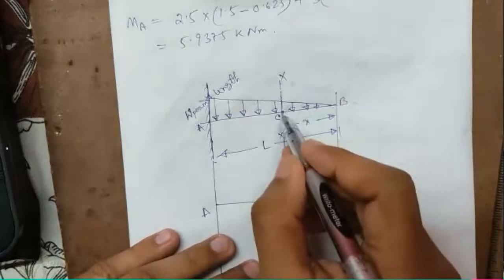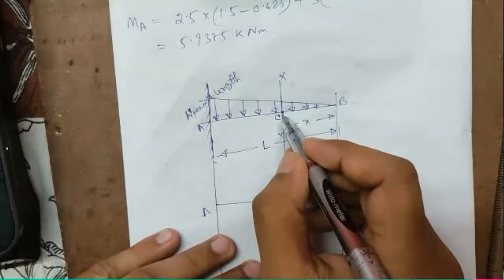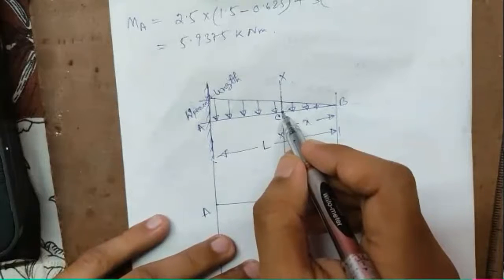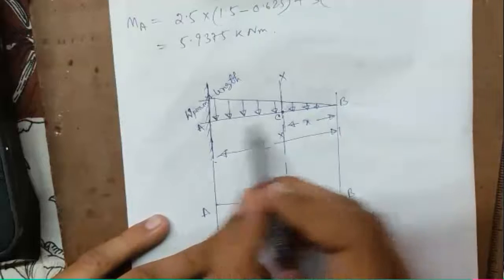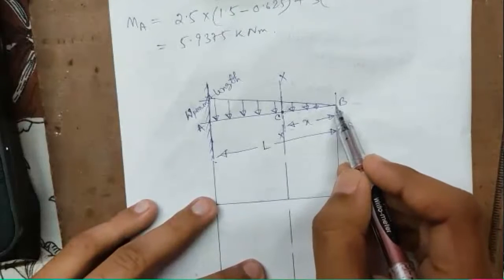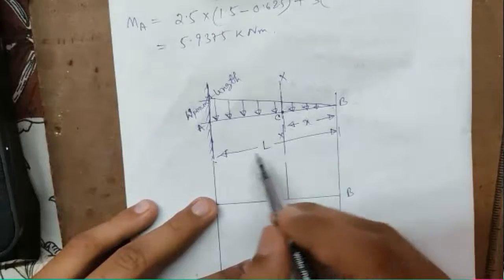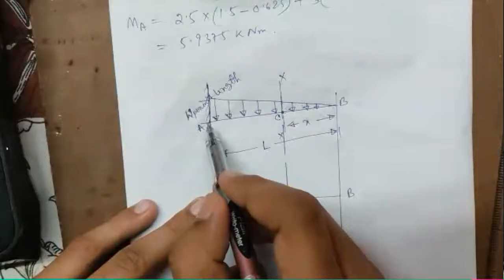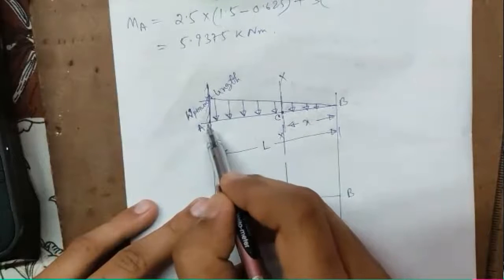So at point C, we are going to require to find out the loading rate. If we see from point B, for the variation of length capital L, we get loading small w per unit length.